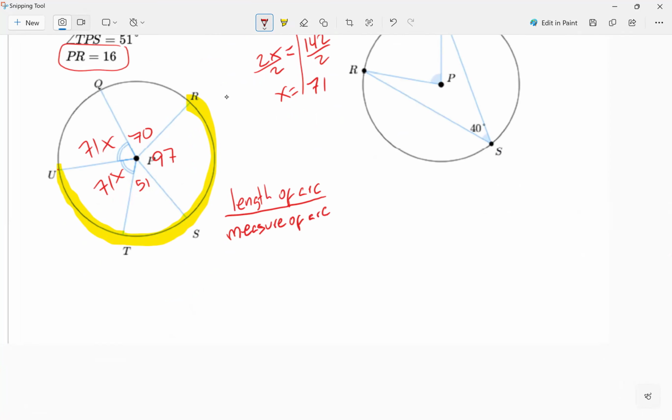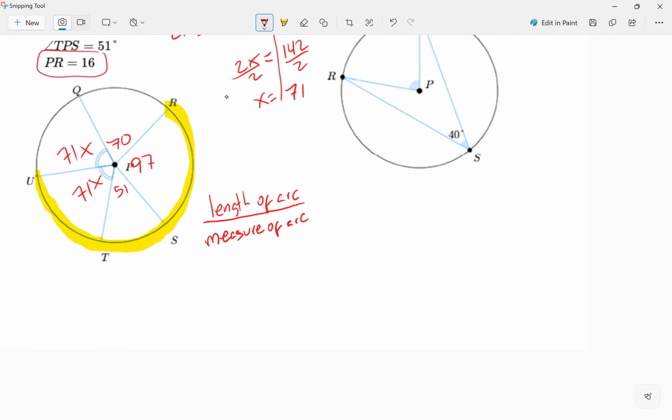So if I knew the length of the arc and I divided by the angle, the measure of the arc, it gives me a ratio, right? It gives me a fraction. However, there's another fraction that I can come out with.